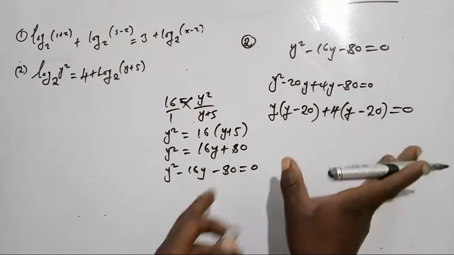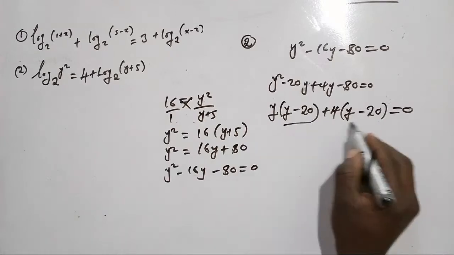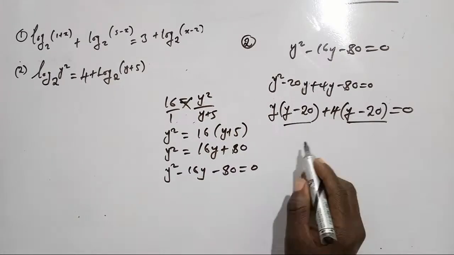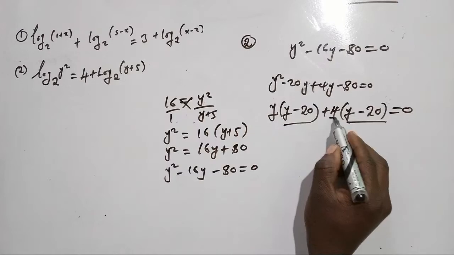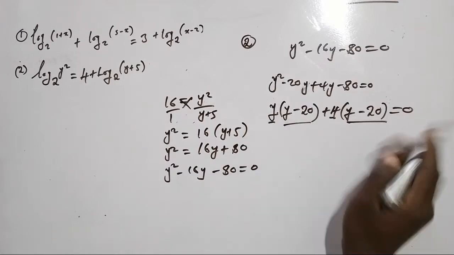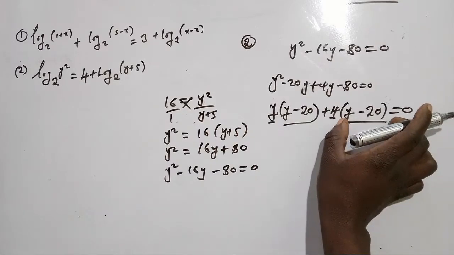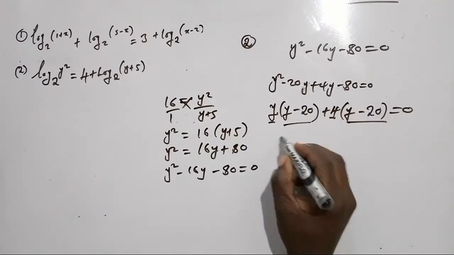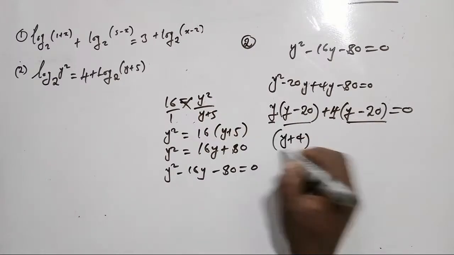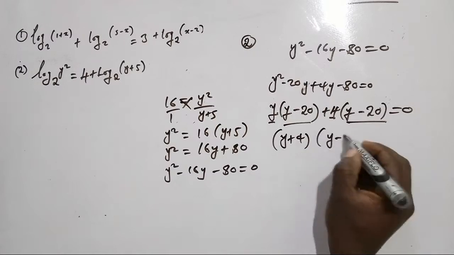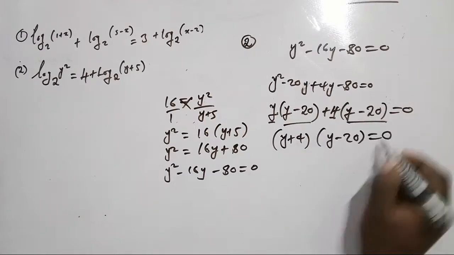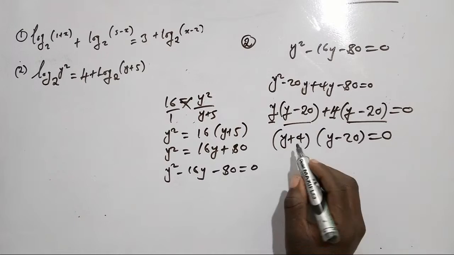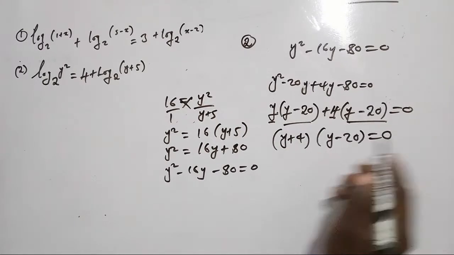If you reach here, you have to make sure that this term and this term are the same. So we're going to take this term and this one, and this term and this term here. So we're going to say y plus 4, then y minus 20, which should be equal to 0. So you equate each equation to be equal to 0.